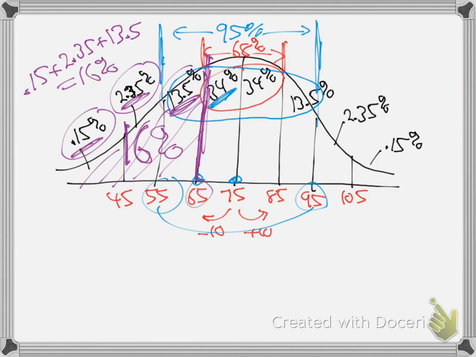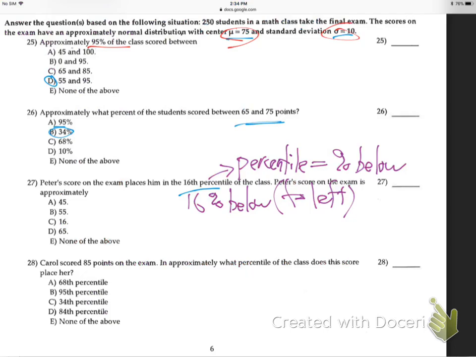So what spot? 65. Peter must be right there, because where he's at, he must have gotten a 65 because 16% are below him. He's at the 16th percentile, meaning 16% are below. Remember, that's what percentile means? So Peter must have got a 65.